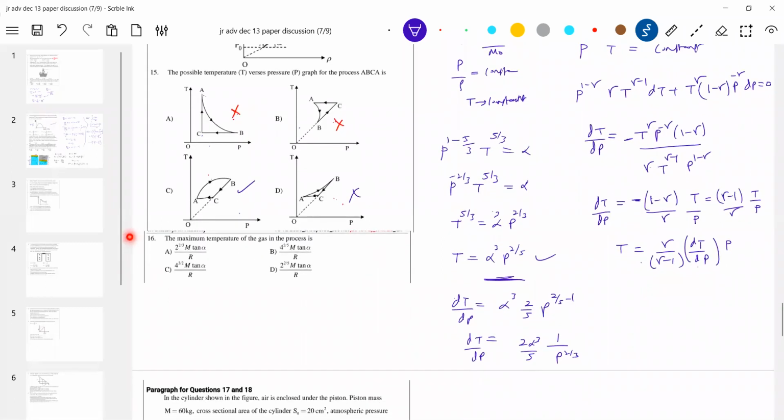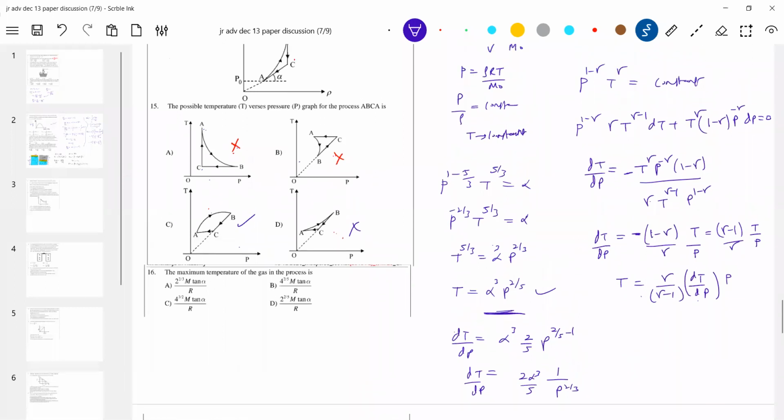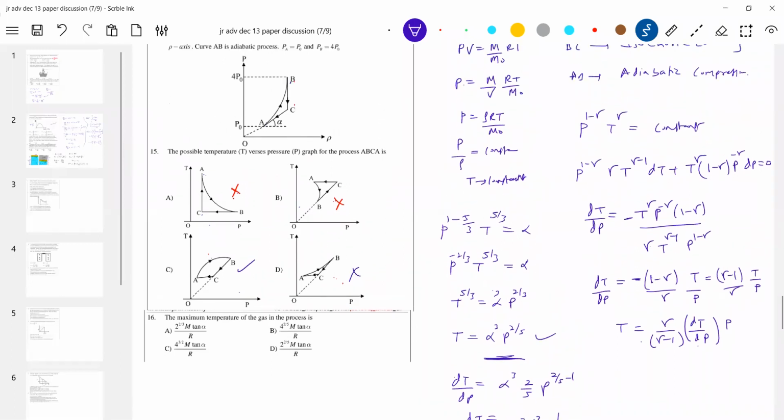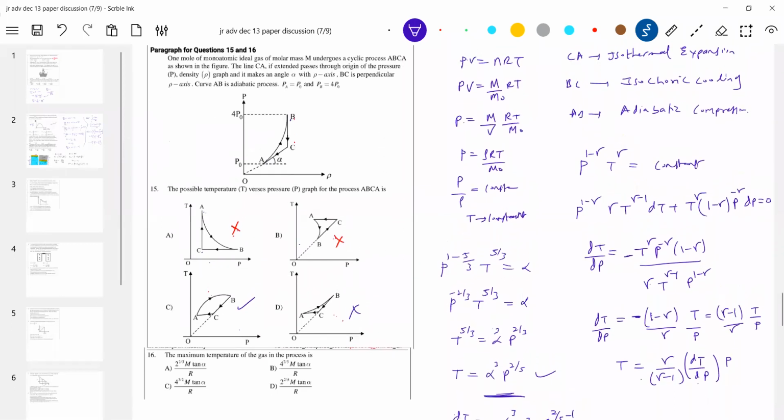The maximum temperature of the gas in the process. Where will the temperature of the gas be maximum? First, isothermal is told.